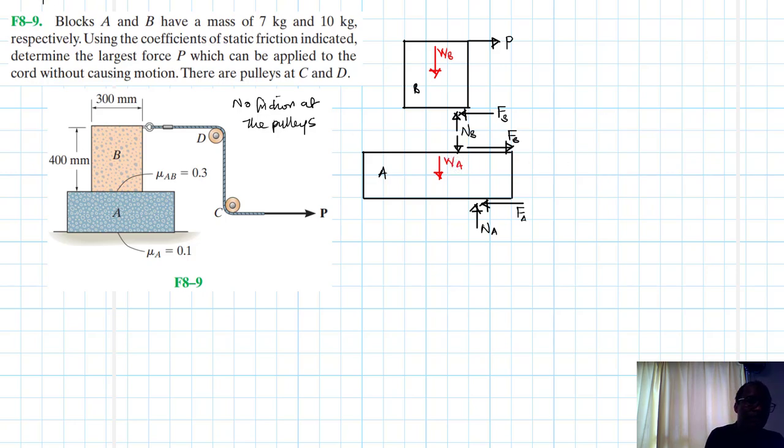All right. Right, so we have these dimensions. Okay, so these dimensions are given in millimeters. They're like so, and they're like so.